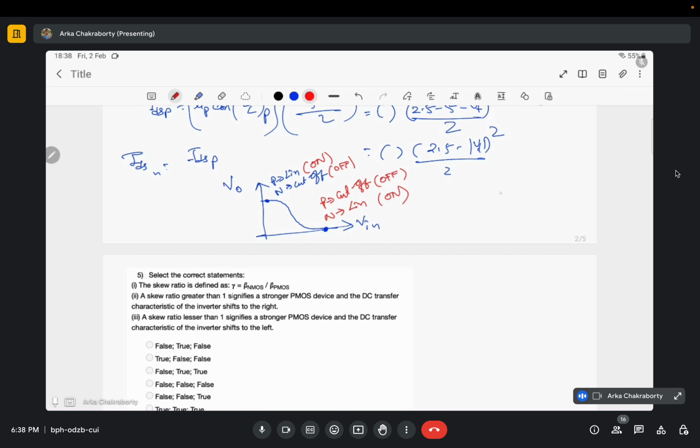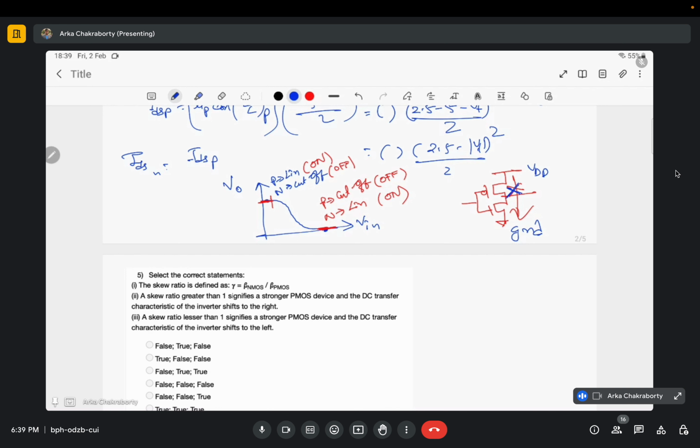So in this circuit, in these two extreme conditions, at a given time, there is no direct path from VDD to ground. Okay, so there will be no power dissipation because there is no current flowing from VDD to ground. So static power dissipation is equal to 0.